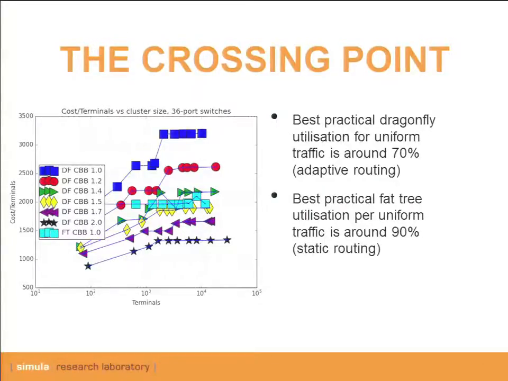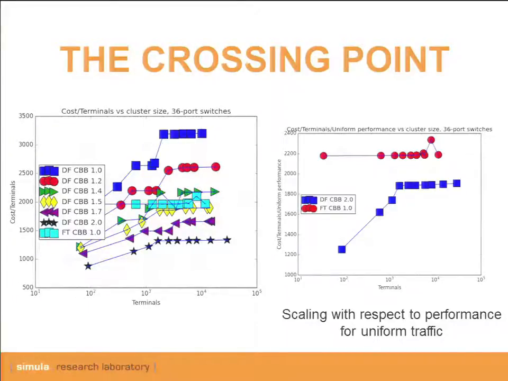So that means there's an extra cost of the Dragonfly in terms of performance. If you include the performance in the cost per terminal, so you get cost per terminal per throughput, the difference between them is actually reduced. You scale the cost per terminal with the efficiency of the topology. So you divide the fat tree by 0.9, it becomes more expensive.